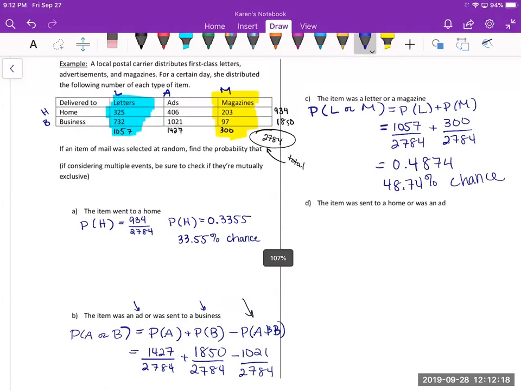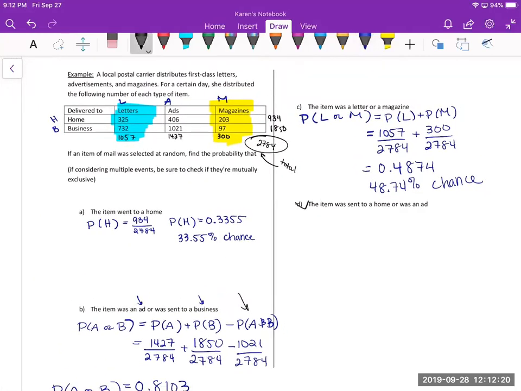This doesn't get super exciting, so I'm going to change up this last letter. I'm going to make D this. What is the probability of selecting a magazine given it went to a home?